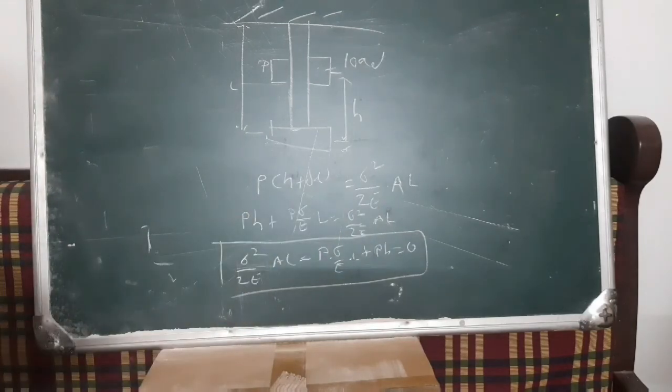Now we are multiplying by 2E by AL on both sides.